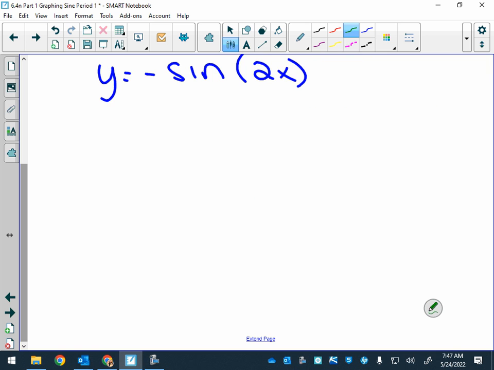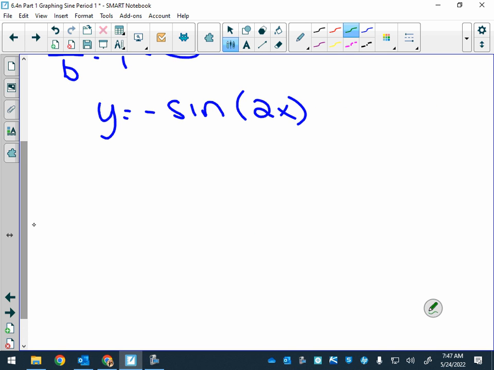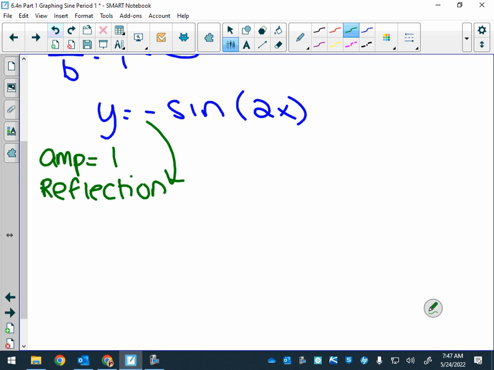So, for this next one here, what is our amplitude? Yep. Amplitude is always positive. Just 1, but what is happening? Reflection. Amplitude is always positive. Okay. The negative means reflection.